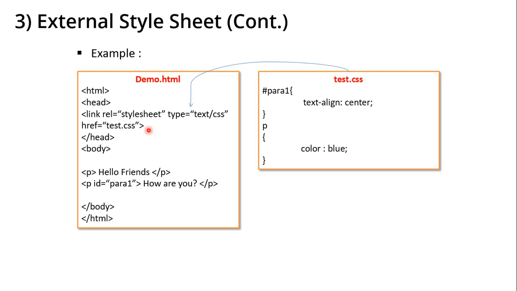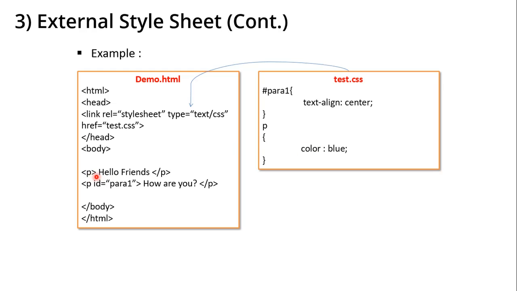So href is equal to which file? text.css. So I have to mention over here text.css. So all these, alignment center and color blue, are now stored over here. Wherever I am using para1, this content will display in the center and color blue.